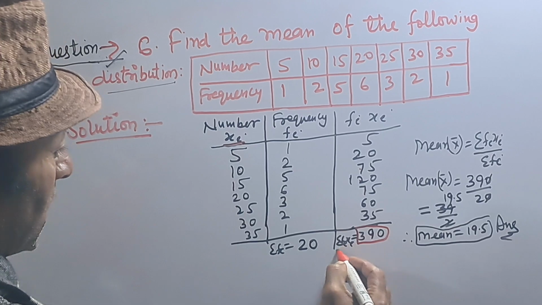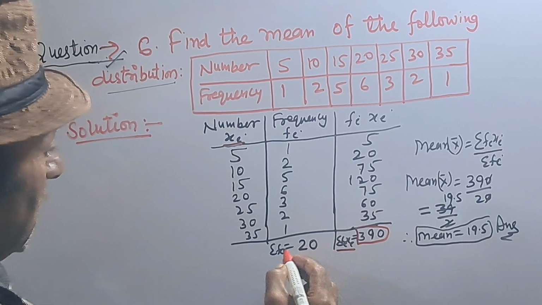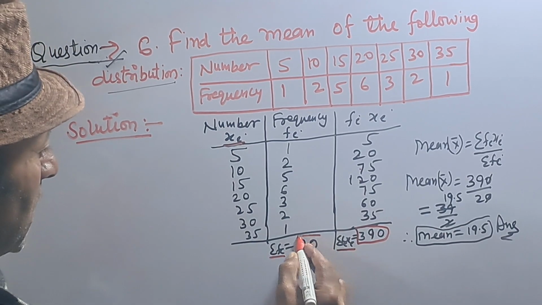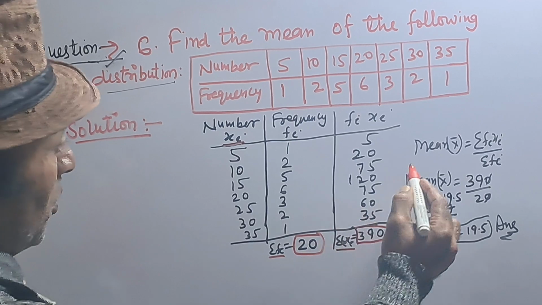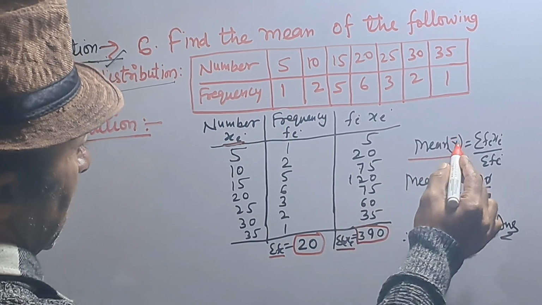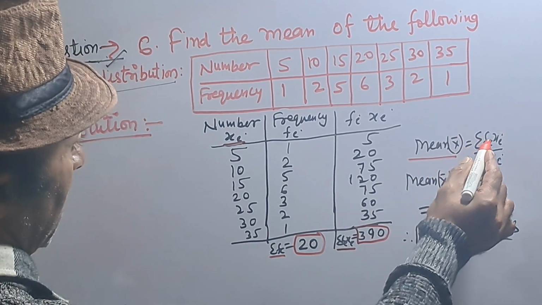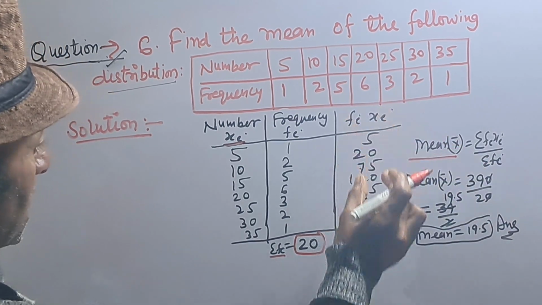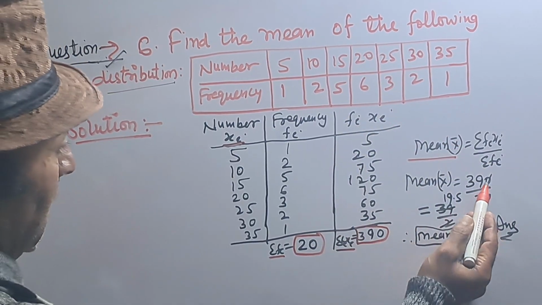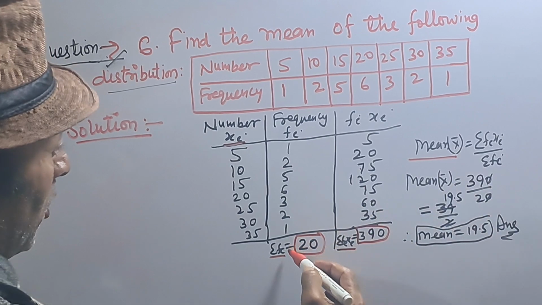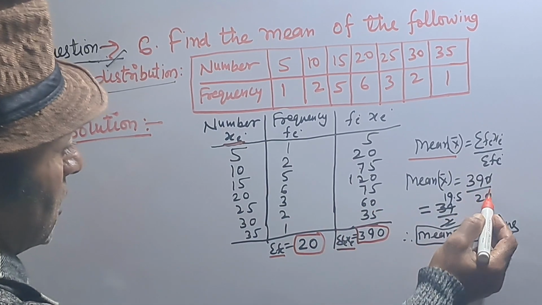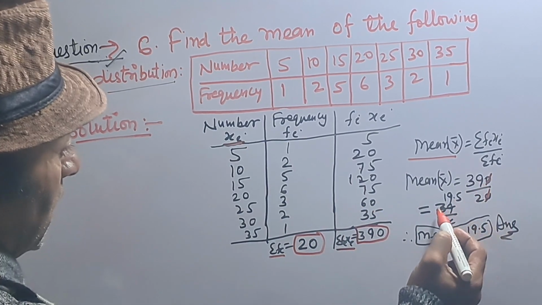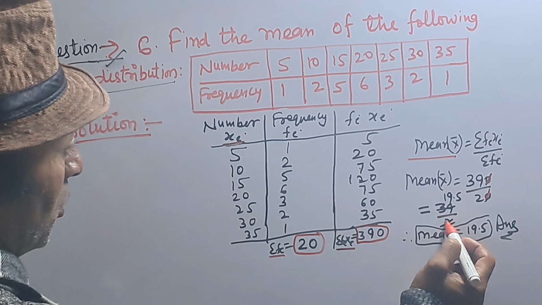390. Summation fi xi is equal to 390 and sum of frequency, that is equal to 20. So mean, that is x dash equal to summation fi xi upon summation fi, that is equal to 390 divided by sum of frequencies 20. 0 0 is cancelled and 39 upon 2.